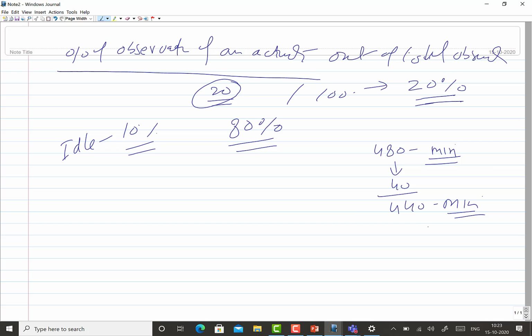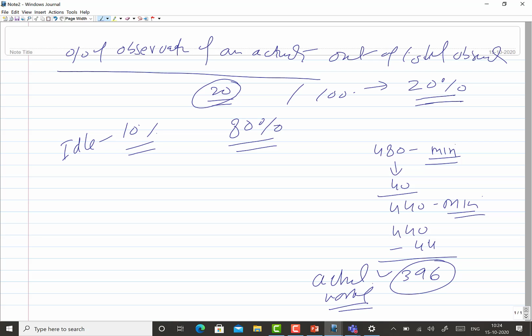And out of that, if the observed idleness is 10%, then 440 minus 44, so 396 minutes, is actually when work is being done. This is the actual working time.